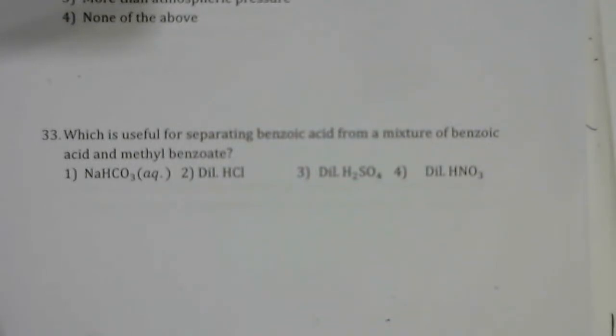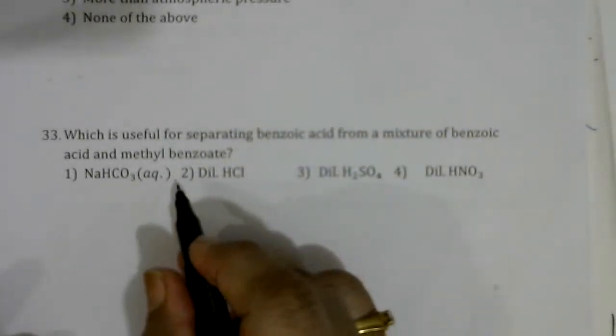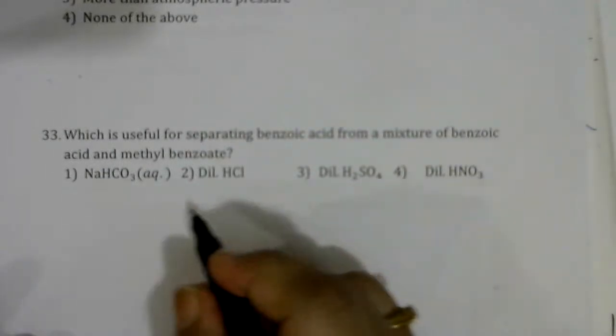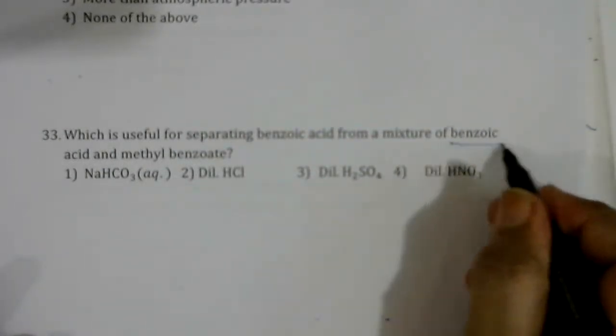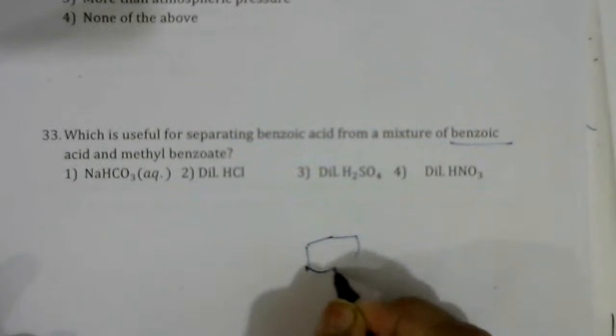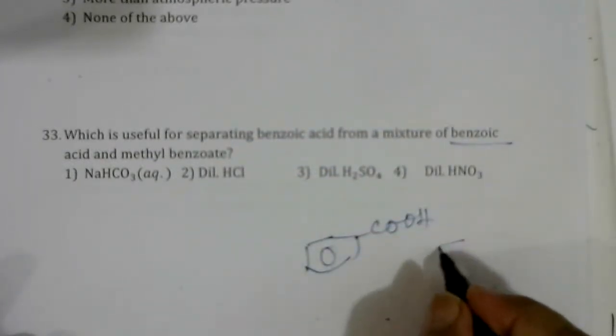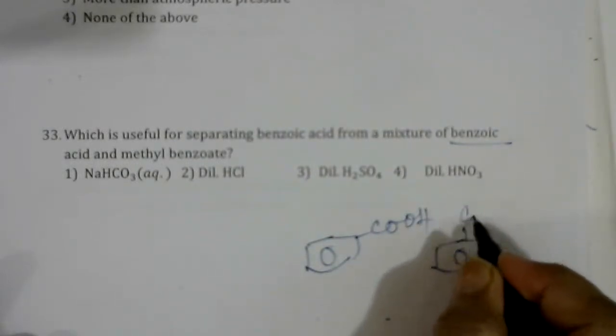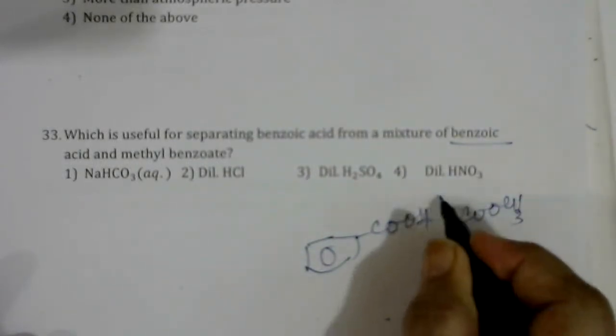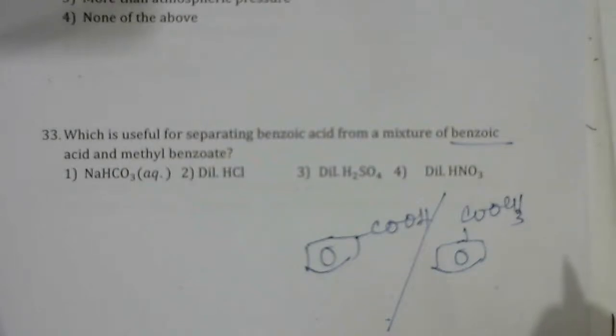Question number 33. Which is useful for separating benzoic acid from a mixture of methyl benzoate? Remember one thing, benzoic acid is a carboxylic acid. Methyl benzoate is what, children? It is an ester.